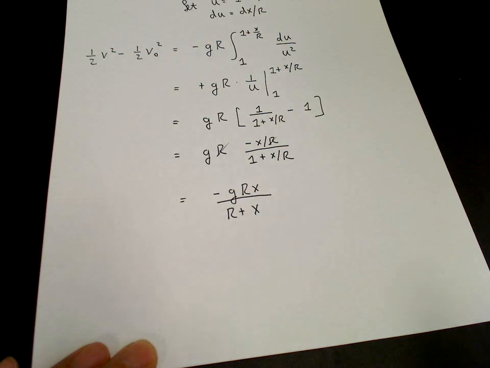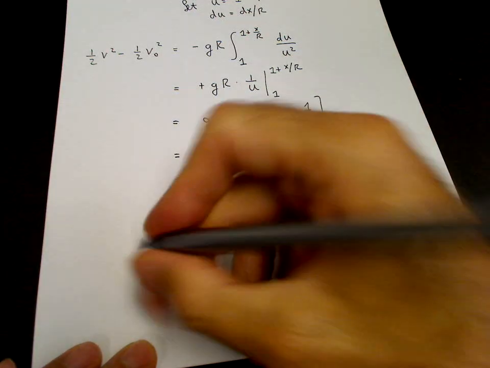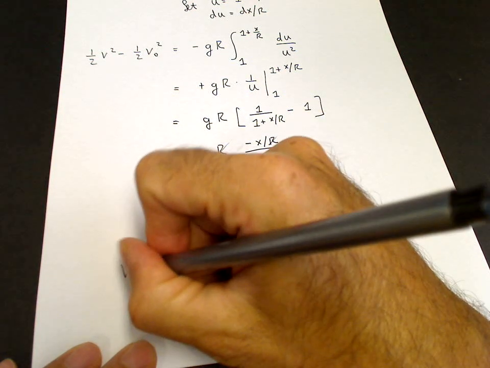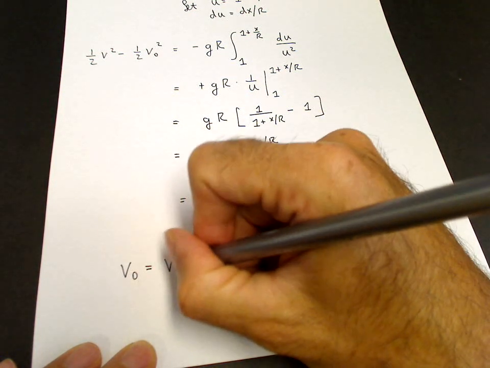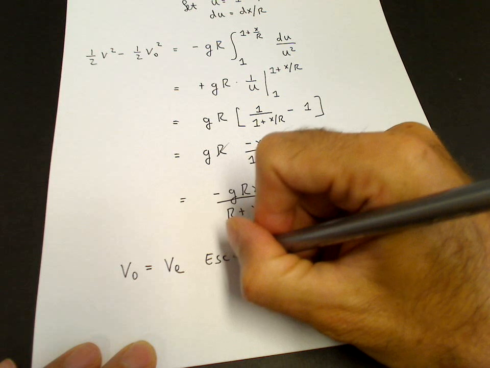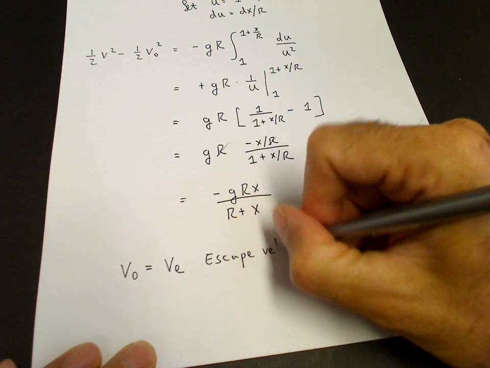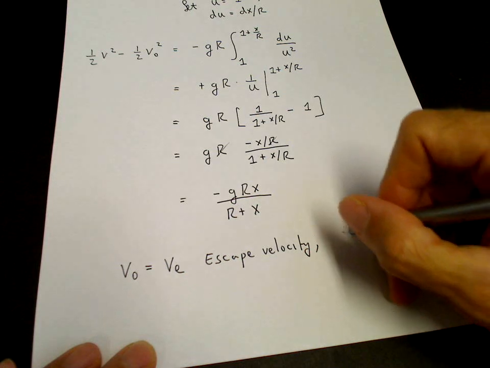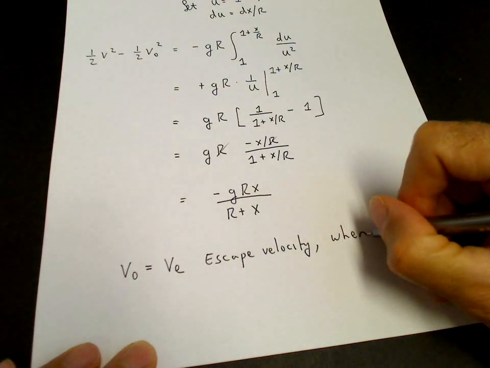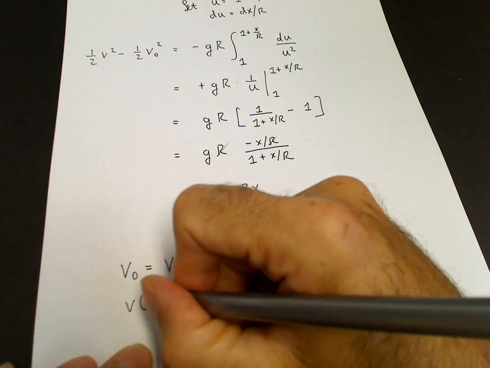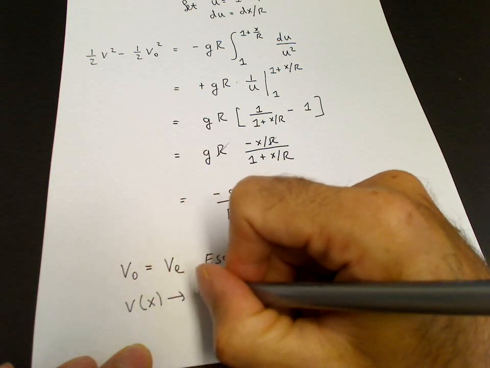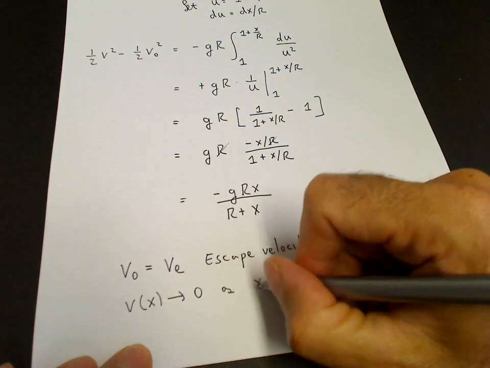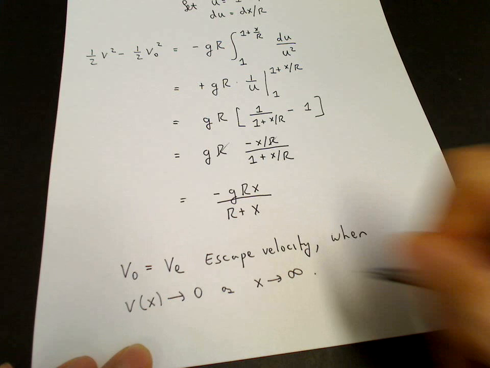The escape velocity is such that v naught is equal to v_E, the escape velocity, when v of x goes exactly to 0 as x goes to infinity.